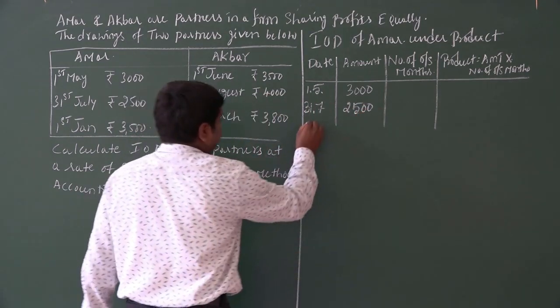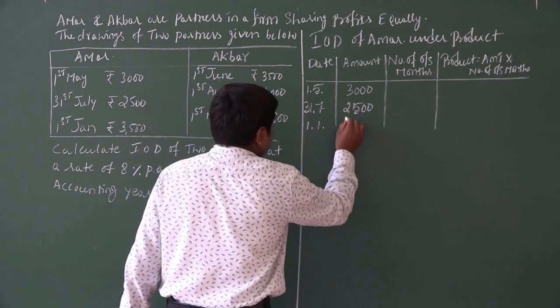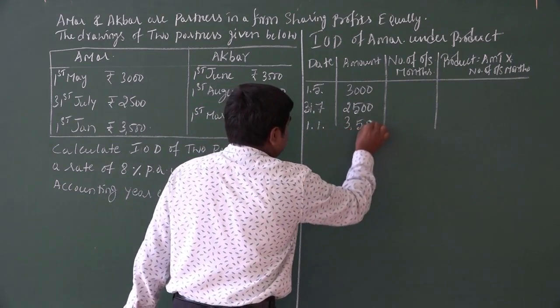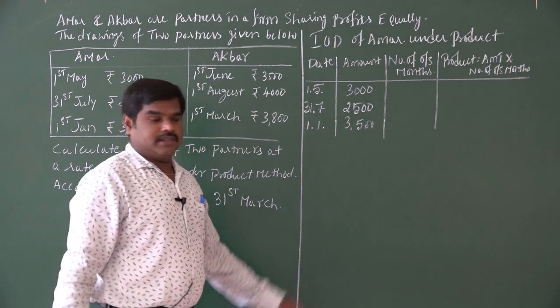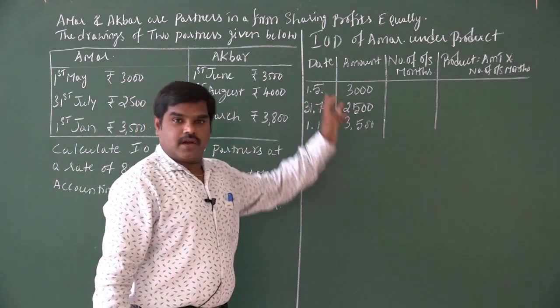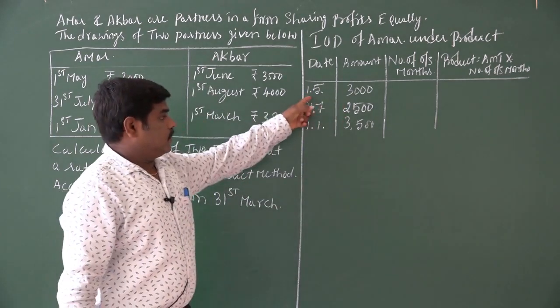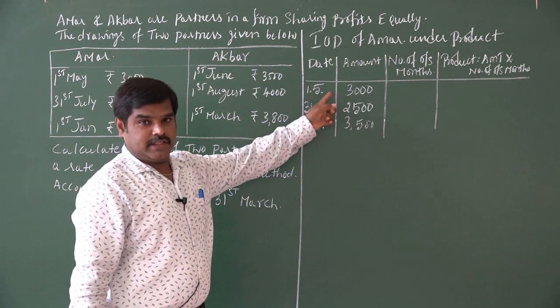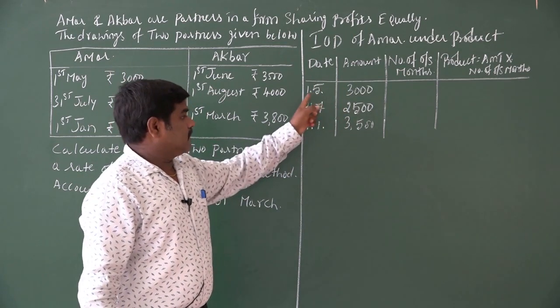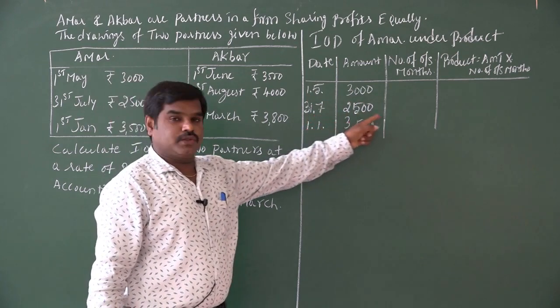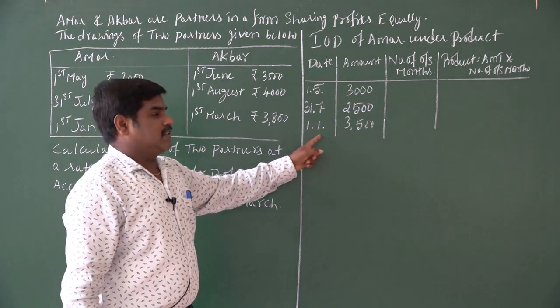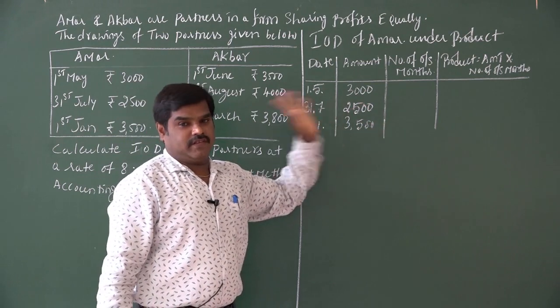Next date 1st January, rupees 3,500. Totally 3 drawings are given. The year is not mentioned, nothing to worry. Without the year also you can solve the problem. We only require date, month and amount.